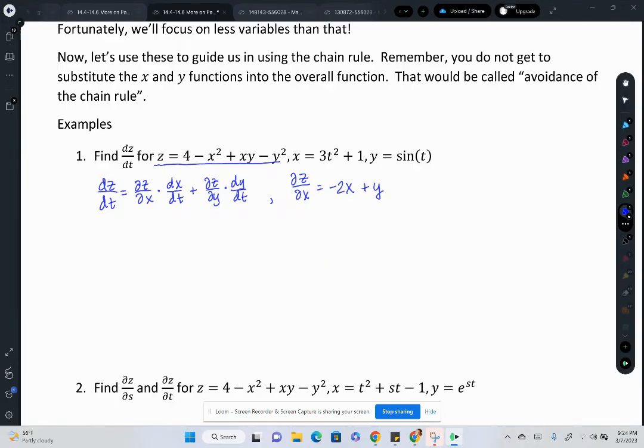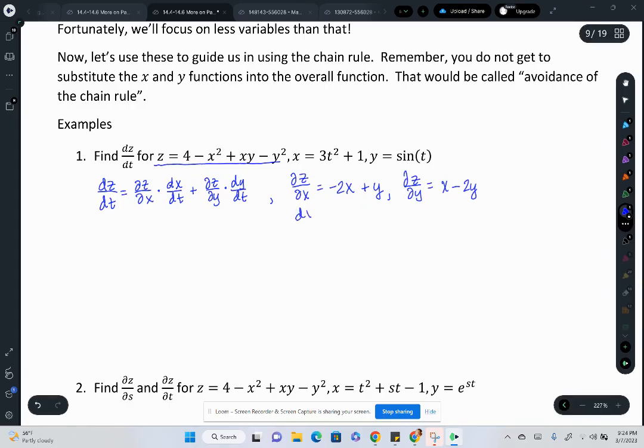And the minus y squared will be 0. I should also calculate del z del y while I'm here. Running a del y through, the first 2 terms go to 0, 4 and minus x squared. Those are both constants. The derivative of xy with respect to y is x. The derivative of minus y squared with respect to y is minus 2y. So those are our two partial derivatives.